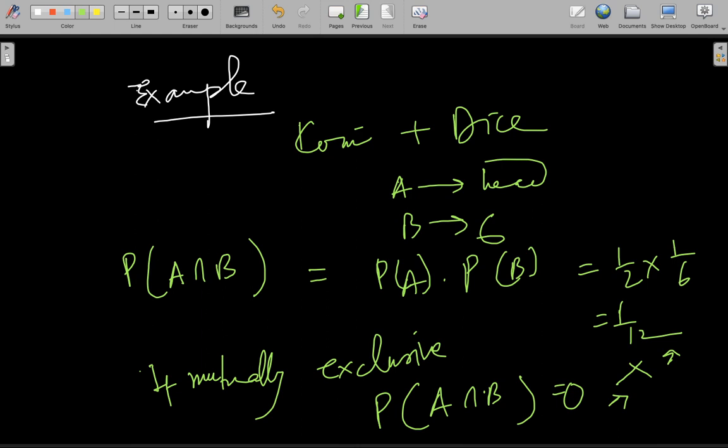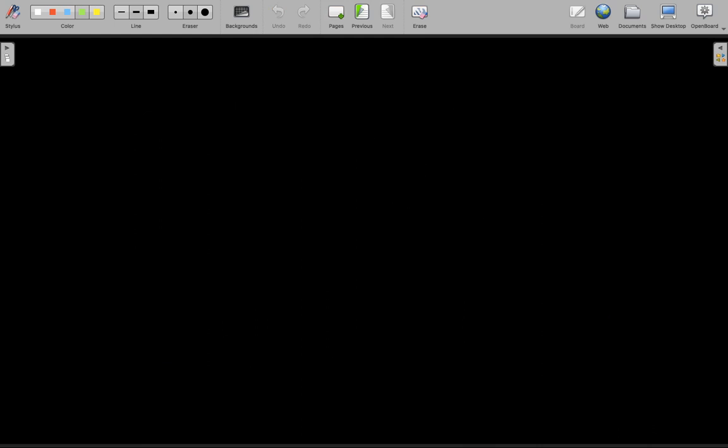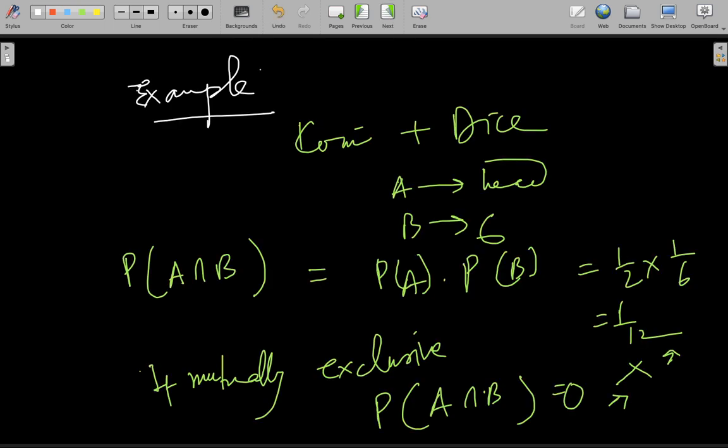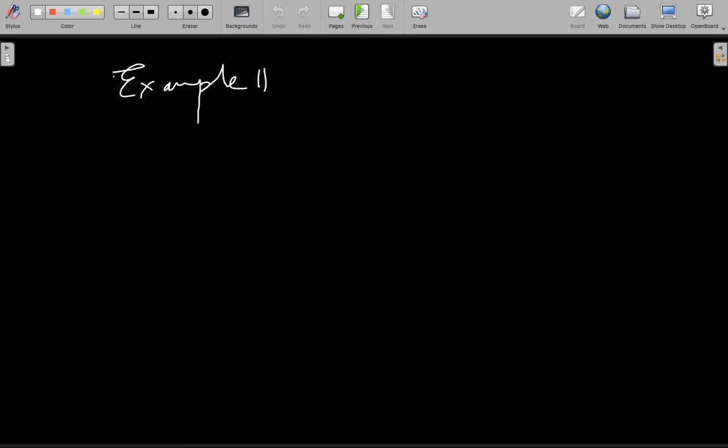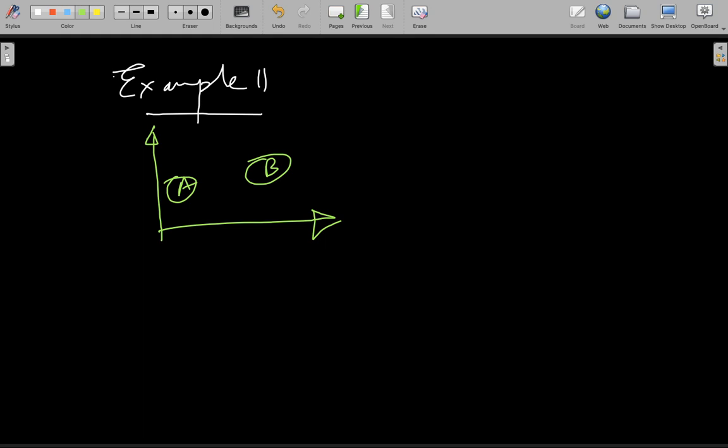Now there is another way of explaining it, and that is by a mathematical illustration. Let me write down example 2; the initial one was example 1. In this example, I have two events A and B, drawn in a way that they're mutually exclusive. There is no common element between them, so they're disjoint. Mutually exclusive also means disjoint.